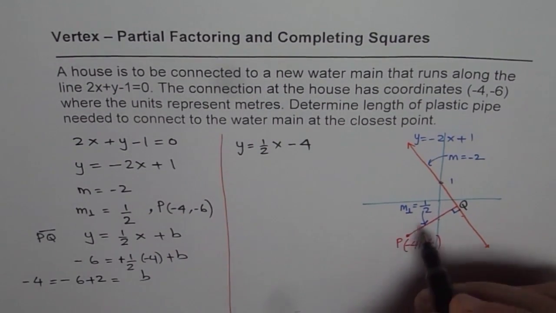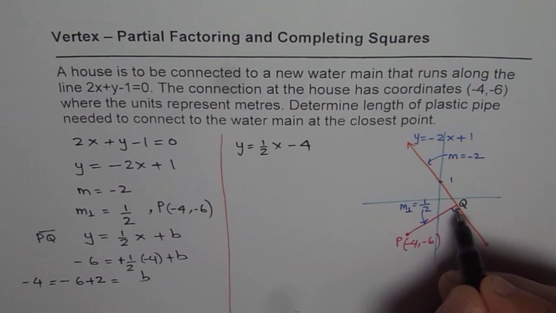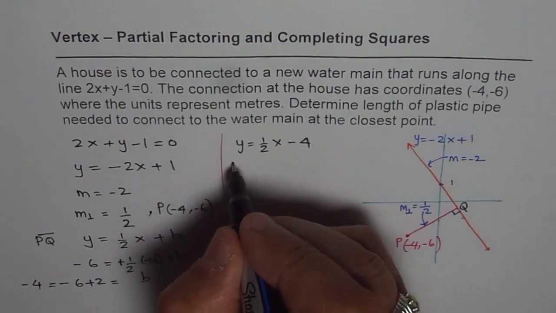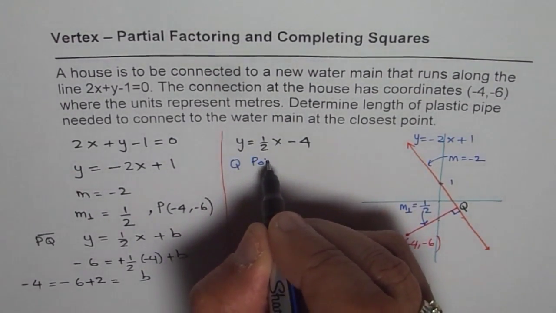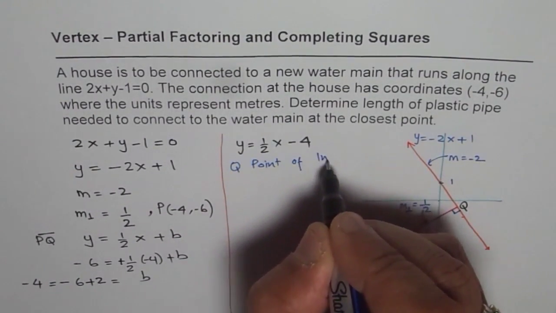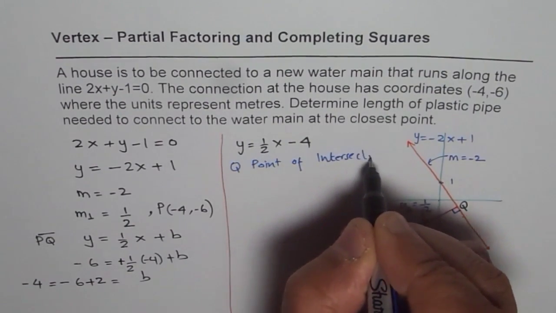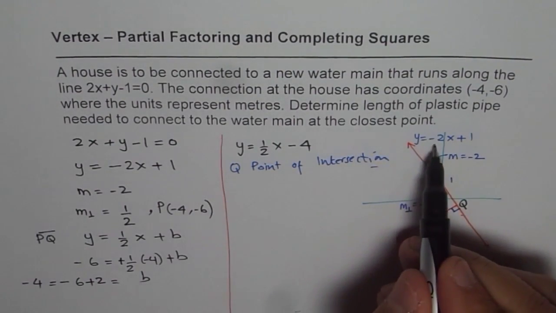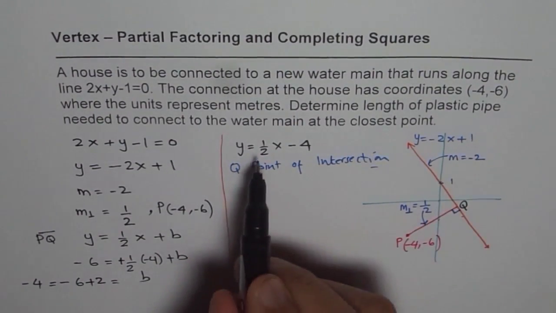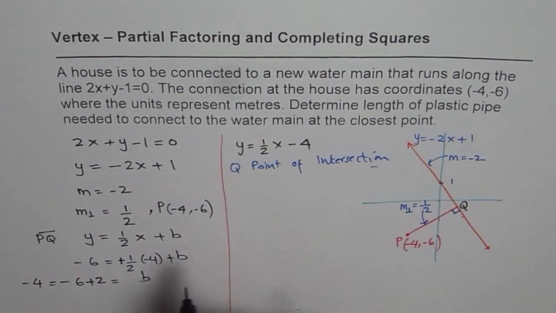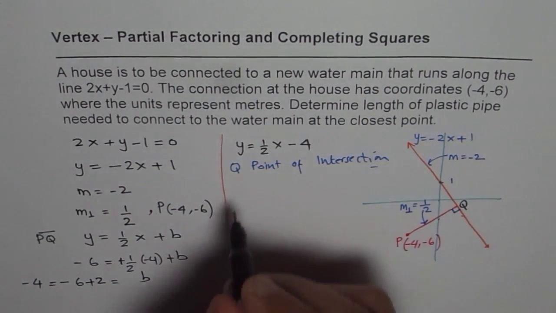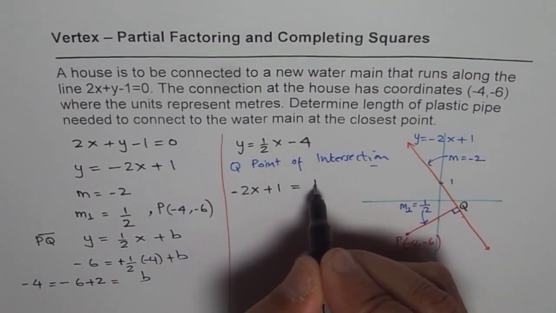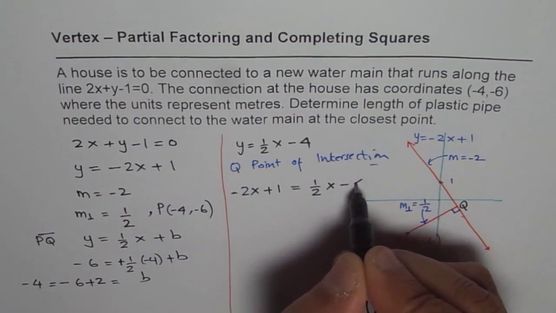Since we know the equations of the two lines, we can find the point of intersection. So let us now find the point of intersection Q. To find this point, we'll equate the equations of the two lines: minus 2x plus 1 equals half of x minus 4.